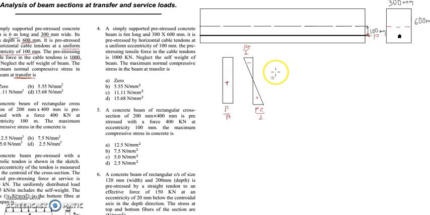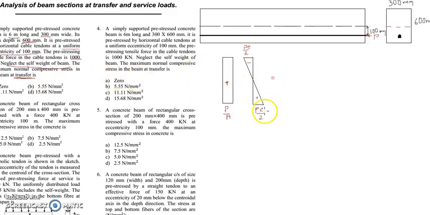So at the transfer stage, they're saying that you have to neglect the self-weight of the beam. When you neglect the self-weight of the beam, the stress is only because of the pre-stress. What they're asking is the maximum normal compressive stress in the beam at transfer.